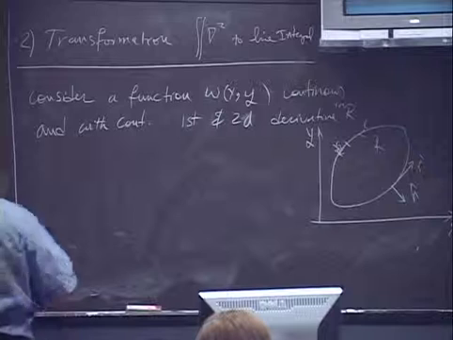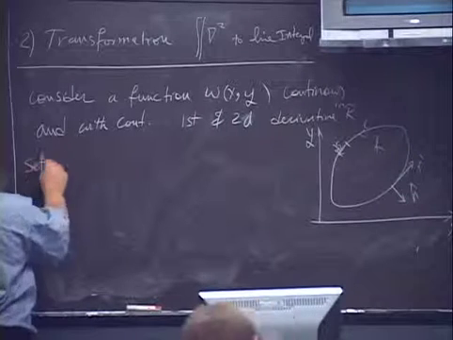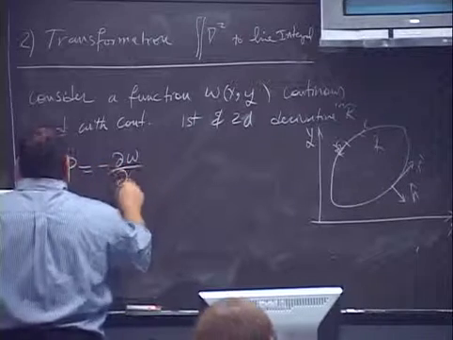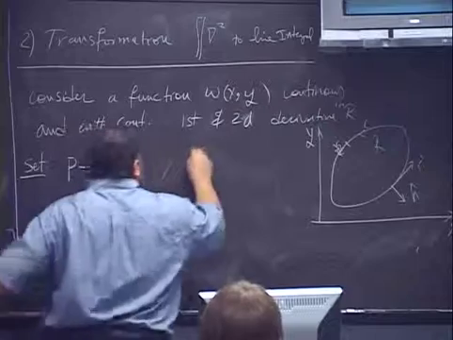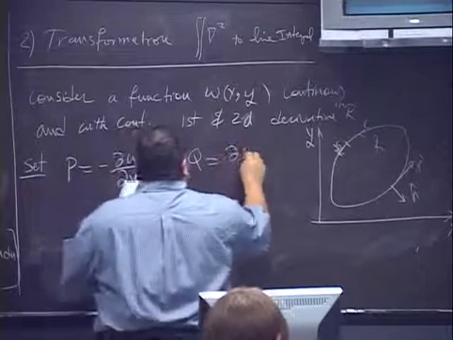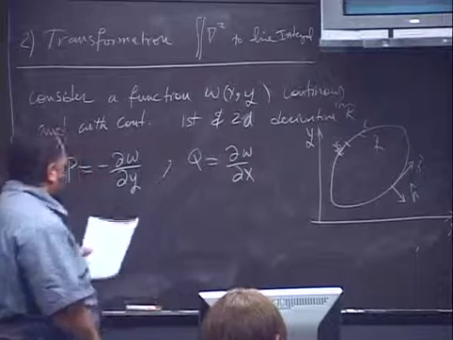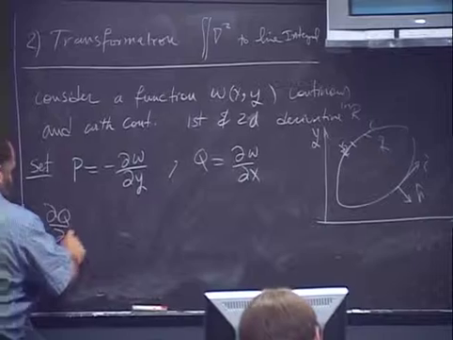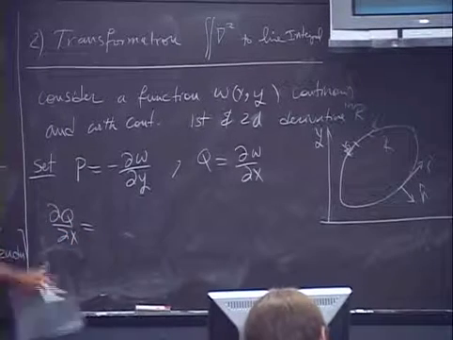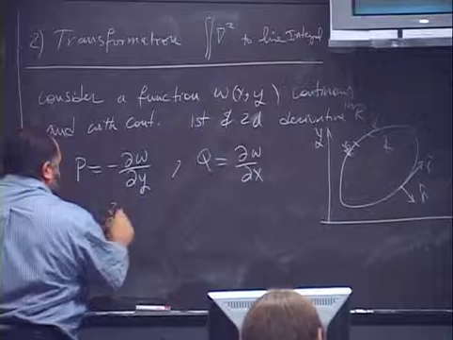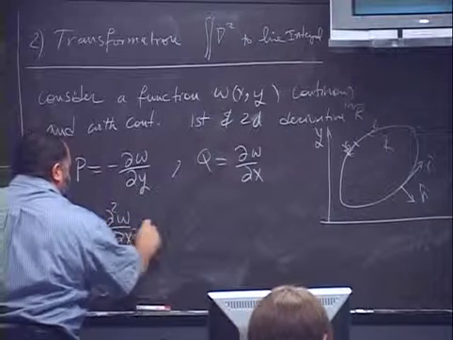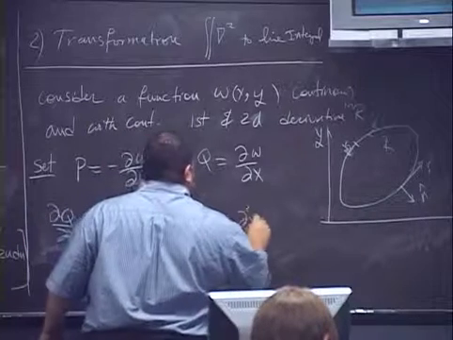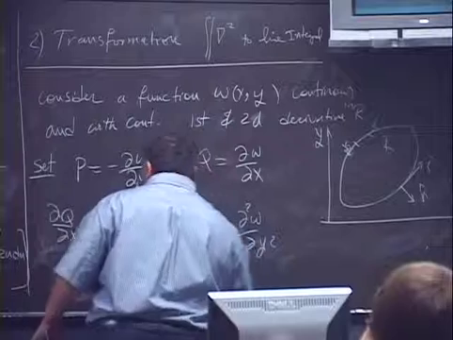So we will set our function P to be d omega by dy and Q to be d omega by dx. Then what's dQ by dx? It is d square omega by dx square. And what's dP by dy? Negative d square omega by dy squared.